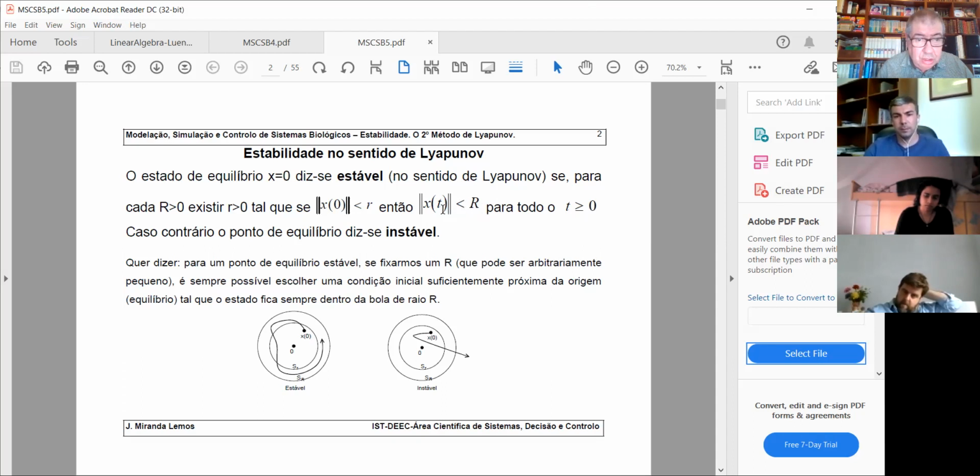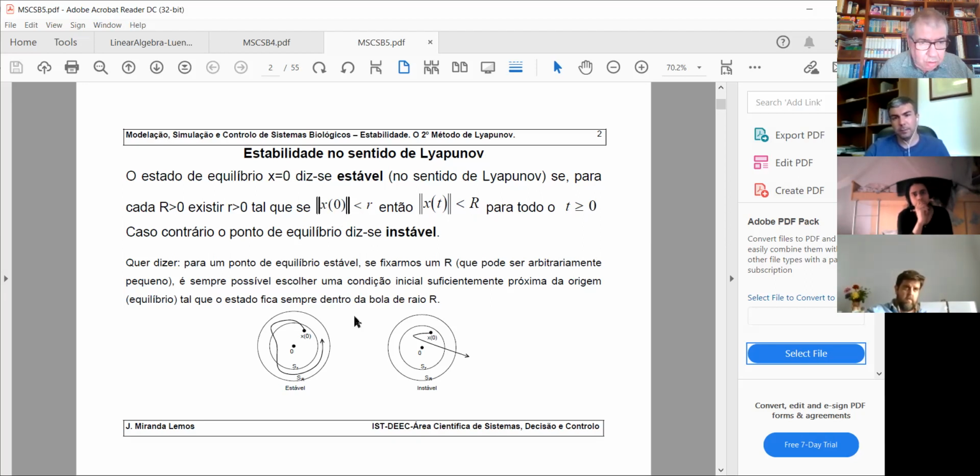So this means that I should be able to find always a small r, such that if my initial condition has a norm which is smaller than small r, then the state is smaller than capital R for all t.